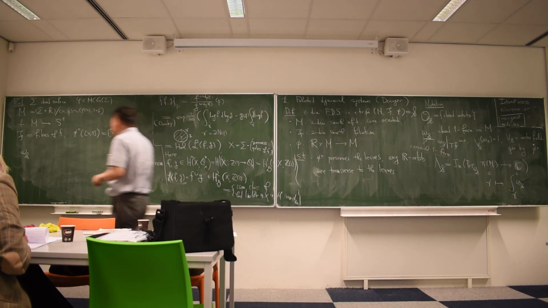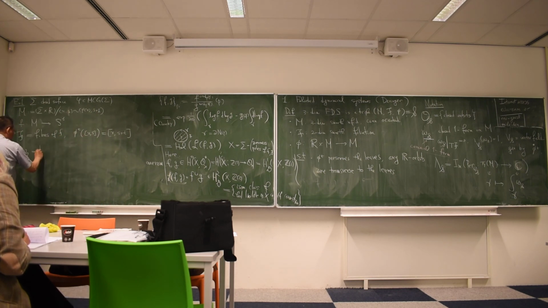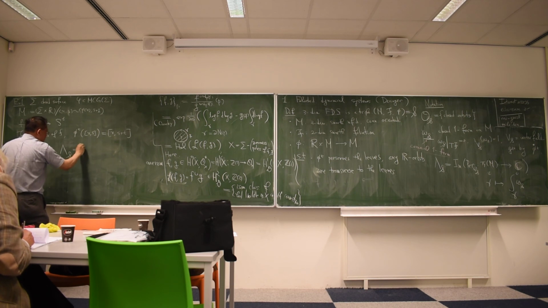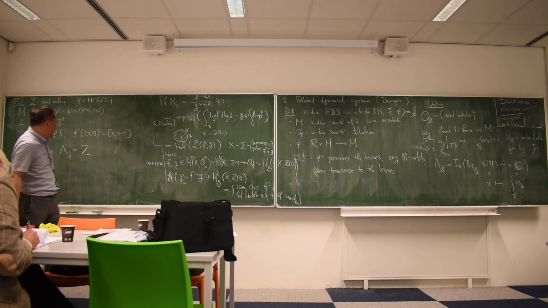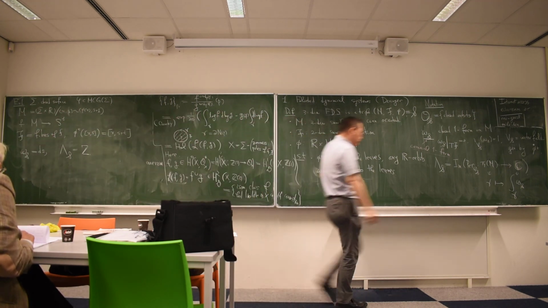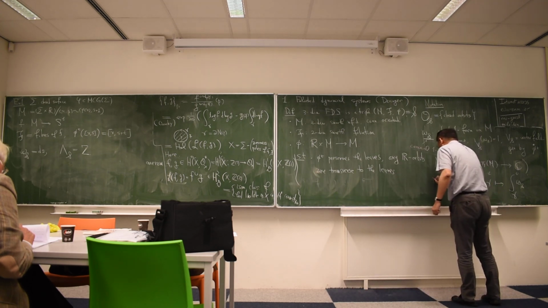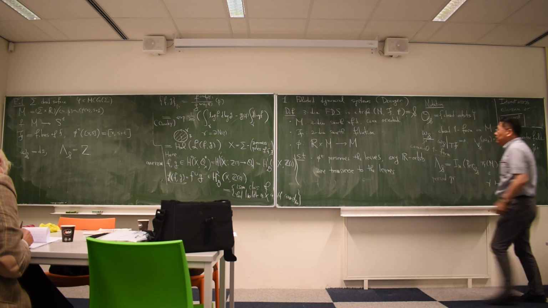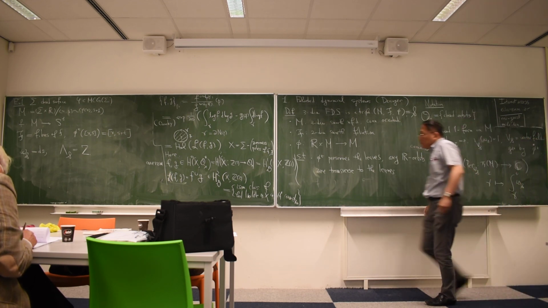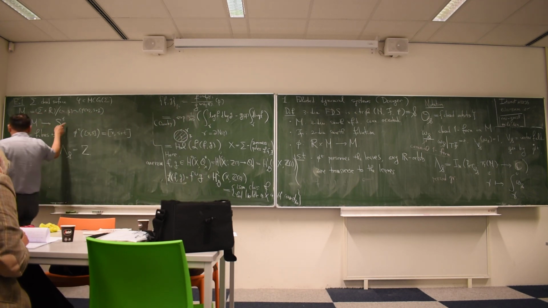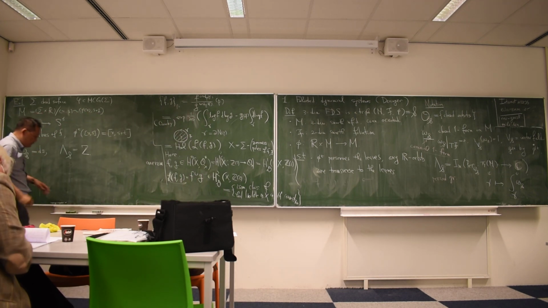Anyhow, in this case, omega_S is just simply dS, and Lambda_S is isomorphic to Z. And conversely, if the period group of FDS is Z, then it must be a surface bundle over S^1.